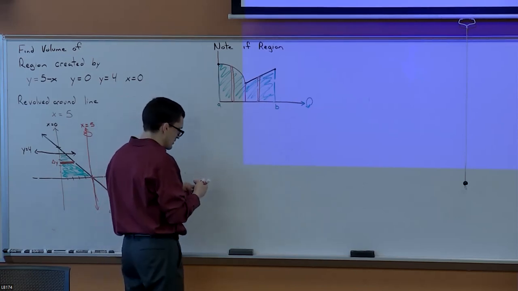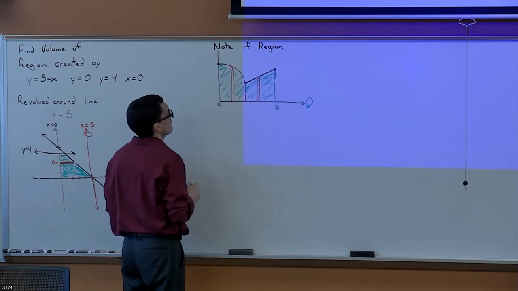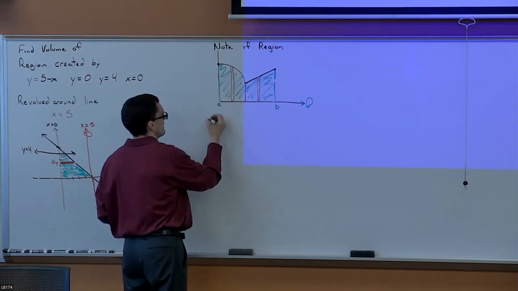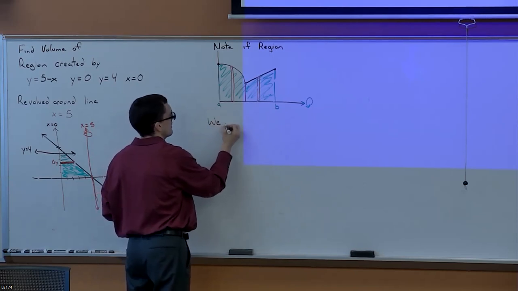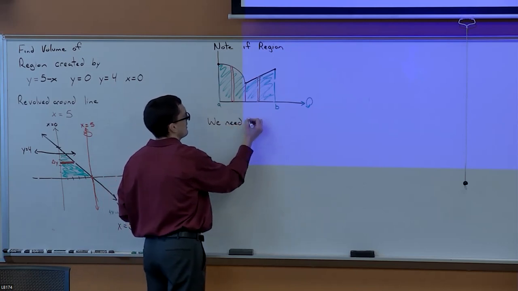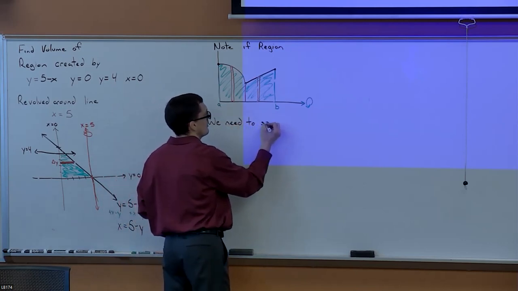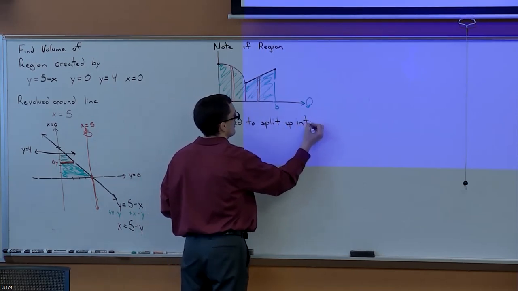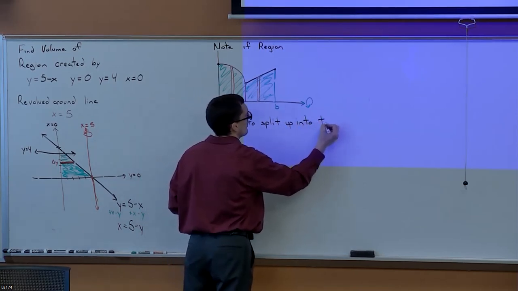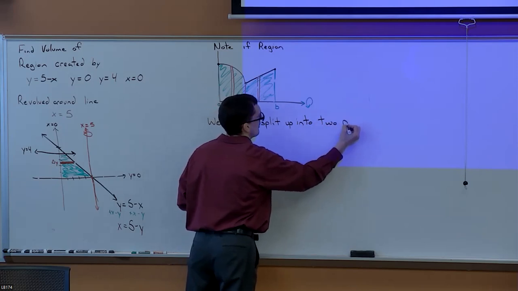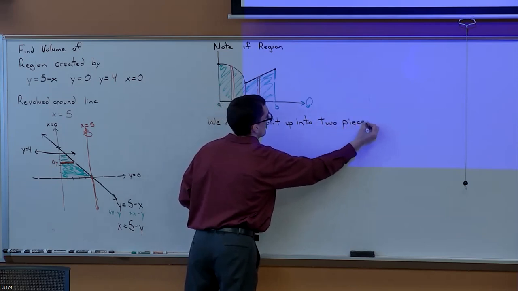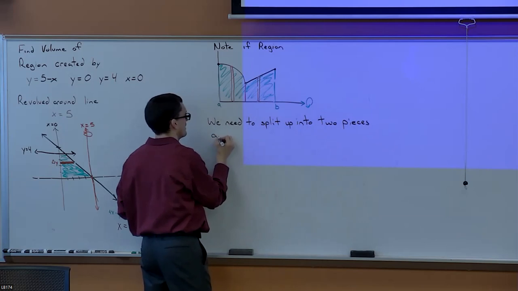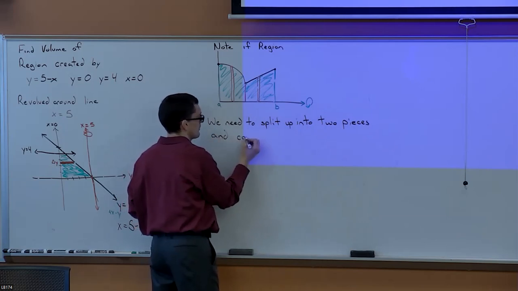So if the region looks like this, we need to split it up into two pieces, and calculate a value for both.